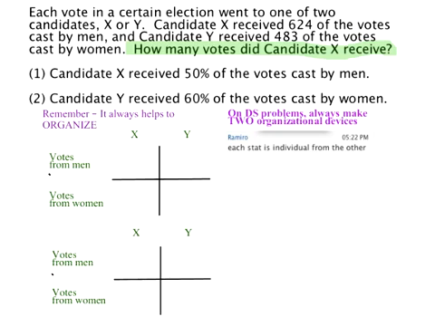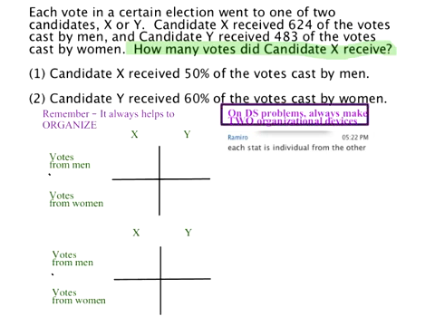It's really 2 problems, because they are separate problems. When you have statement 1, you don't have statement 2, and when you have statement 2, you don't have statement 1. So always make 2 organizational devices on data sufficiency.